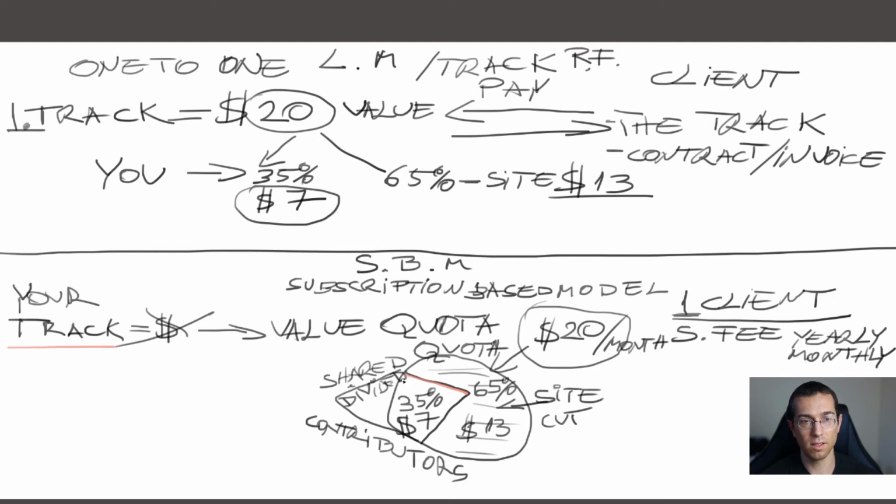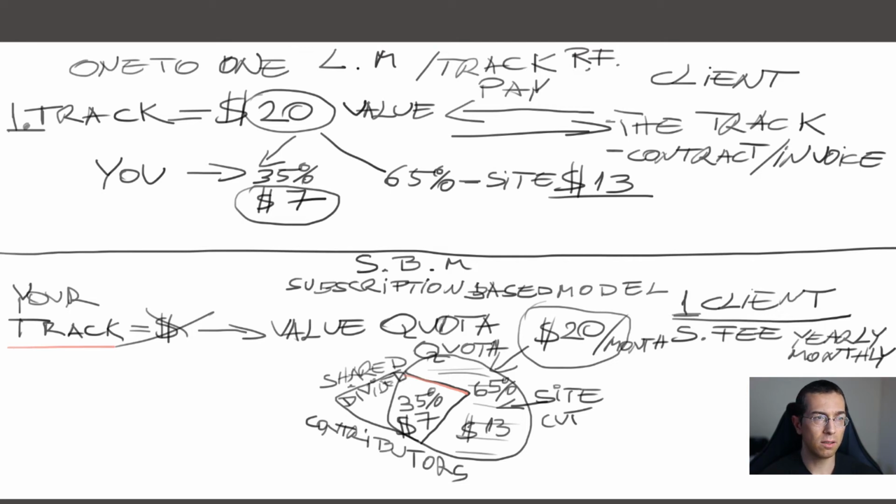So this is your share, your quota of his 35%. So the track value is a part of this $7.